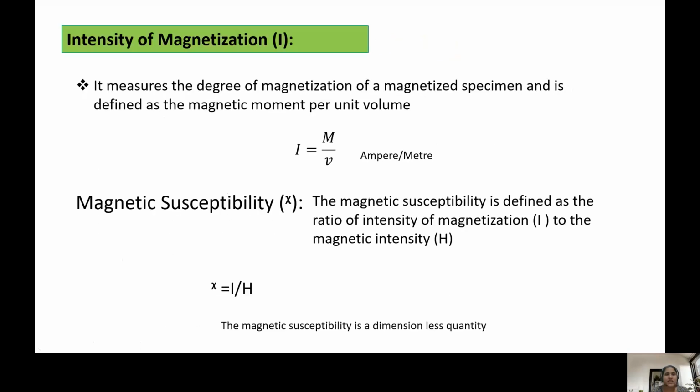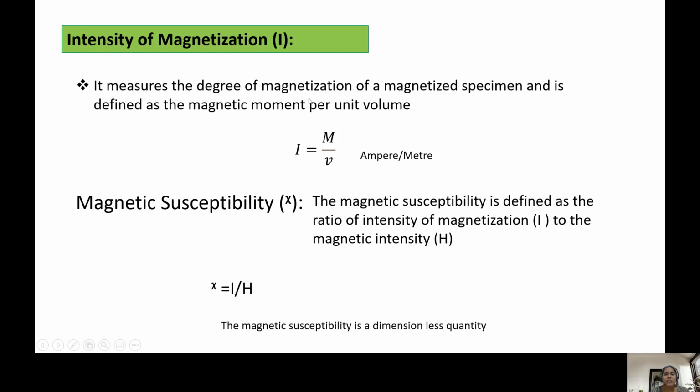And next one is the intensity of magnetization. So this is the ratio of M and V. It measures the degree of magnetization. If you are applying an external magnetic field, it measures the degree of magnetization achieved by the material, of a magnetized specimen, and is defined as the magnetic moment per unit volume.